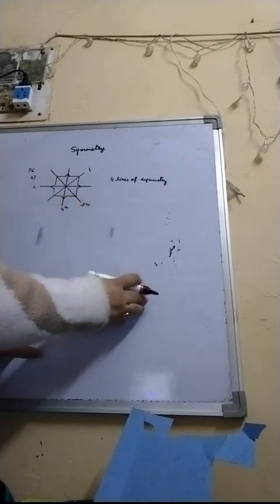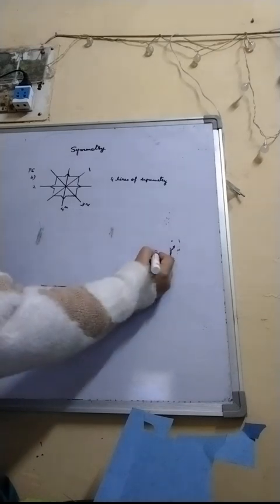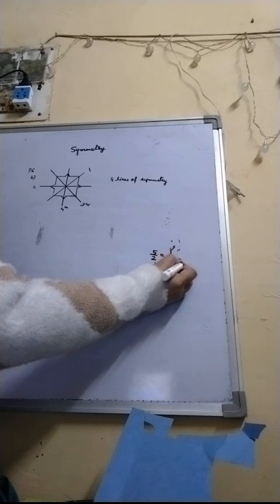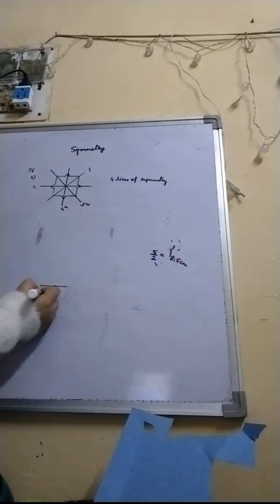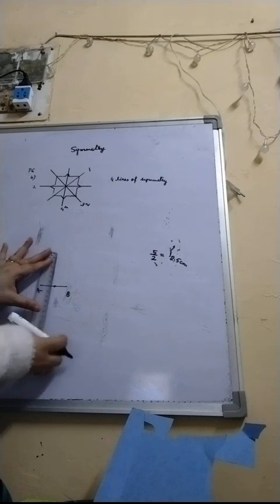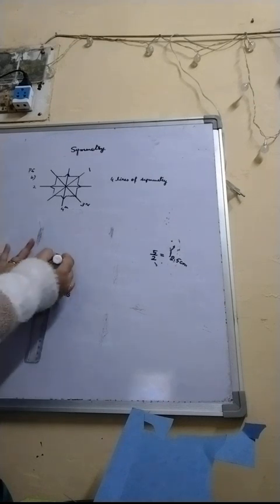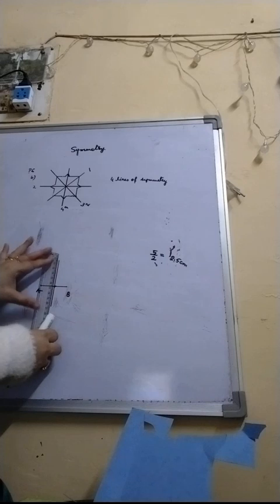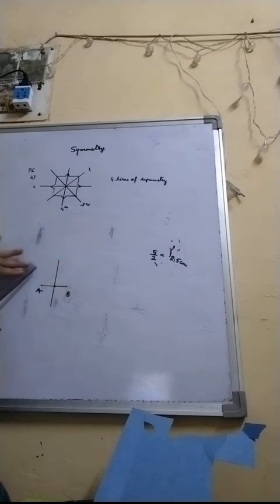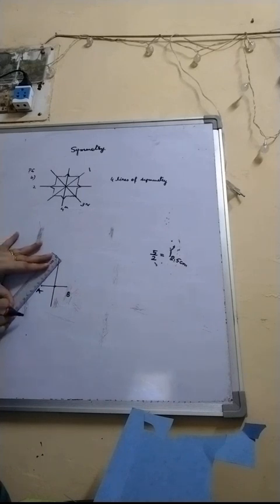Okay, midpoint. That is, if it is 5 centimeter, the midpoint would be 2.5 centimeter away from the ends. So at 2.5 centimeter, you put a dot. Then what you have to do is draw a standing line. Now you can take a compass or a ruler, and you need equal sides.